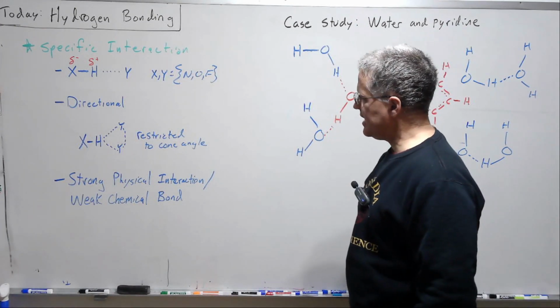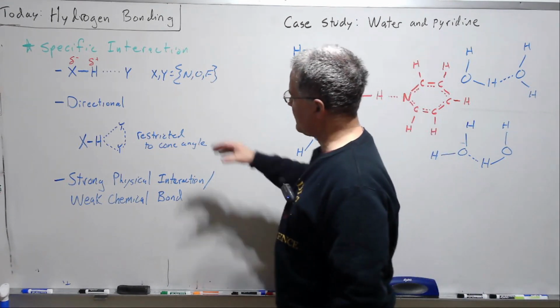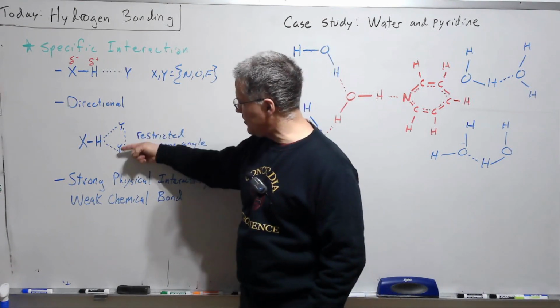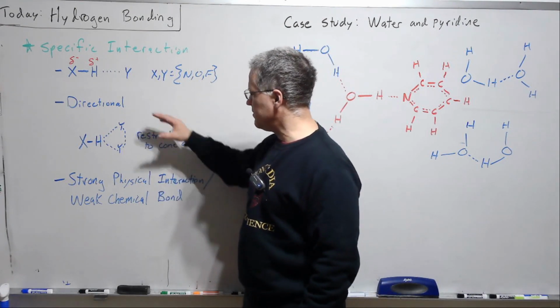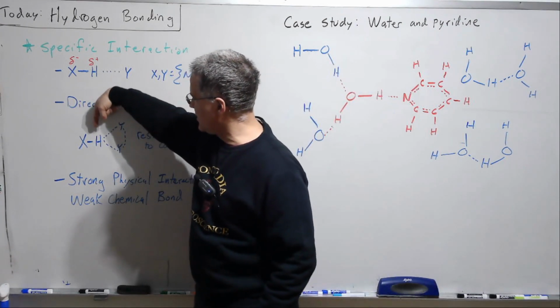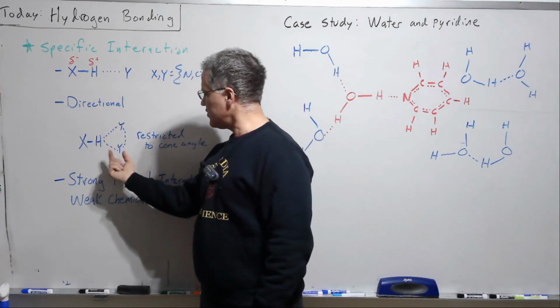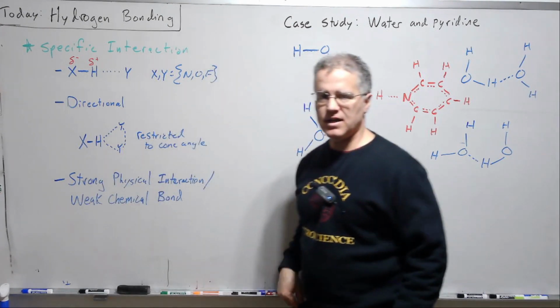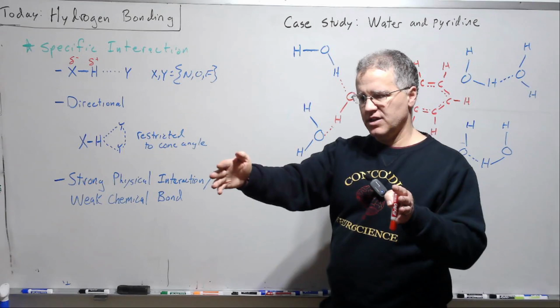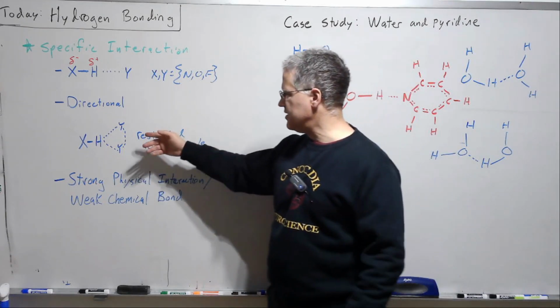All right. Well, we know we have to come in from the hydrogen side in order to make this interaction. And actually, we have to come in on some kind of restricted cone angle there. So we can't be making hydrogen bonds straight up and down like this. There also is an optimal distance here. That's a fairly broad potential energy curve there, so there's a little bit of range on that distance.